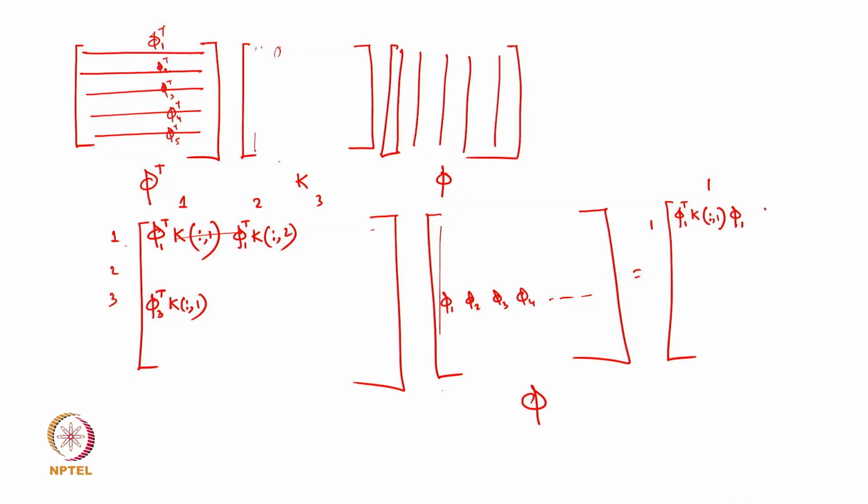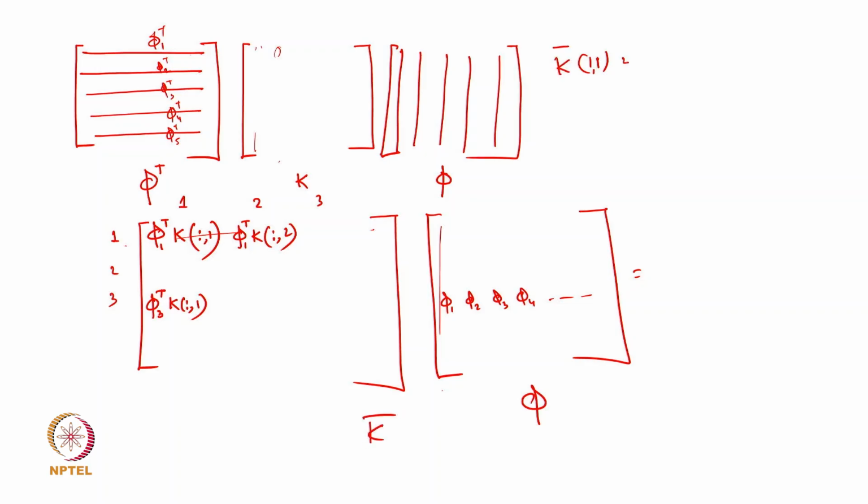Then phi 1 transpose K colon comma 2, no, sorry, a little bit of a mistake. Yeah. So if I try to see the first term of that K, means that full matrix, the first term, 1 comma 1, maybe I say this is the K bar.